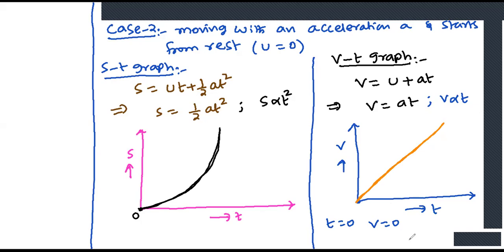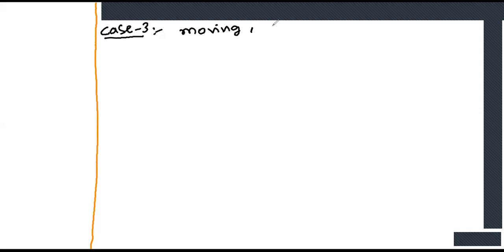Now, till now we discussed moving with an acceleration. Now, case 3, it is moving with a retardation, having initial velocity u. Moving with retardation or deceleration.